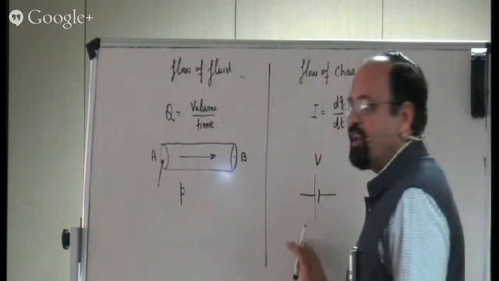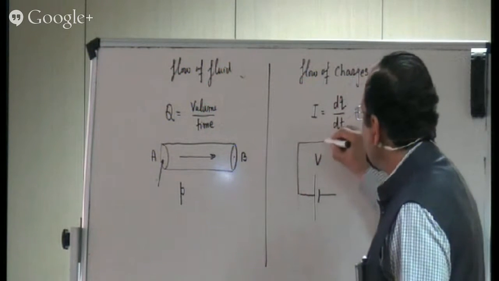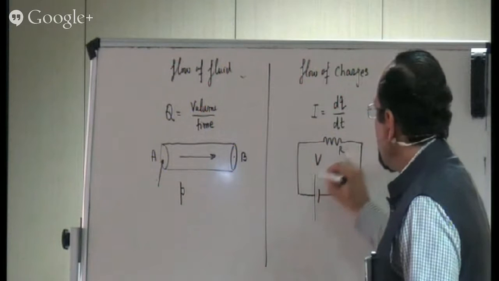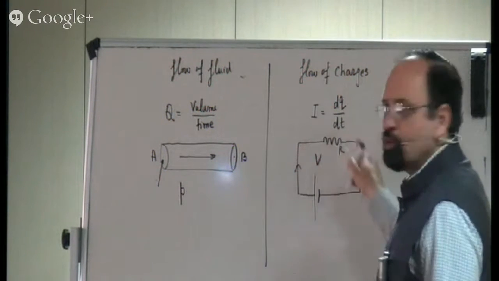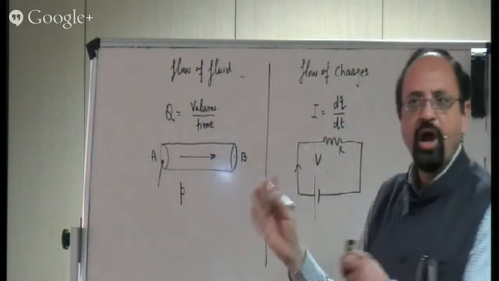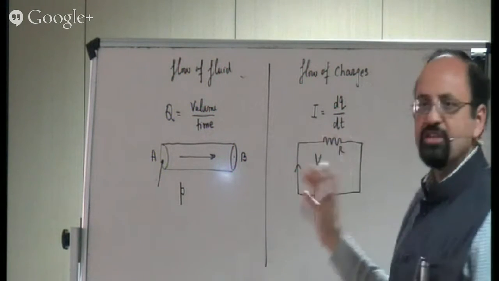As in the case of a cell, when you have a resistance, the current always goes from high potential to low potential side. So you can make the two as they are on a similar footing, but with a small change in the parameters.